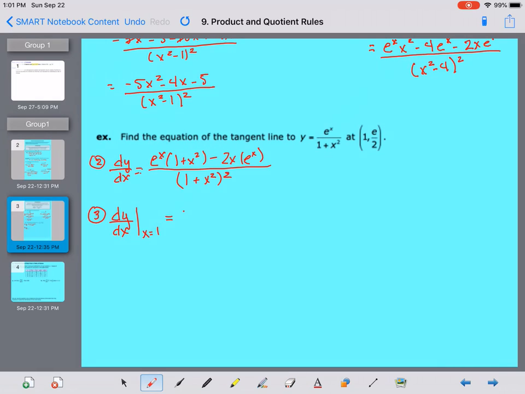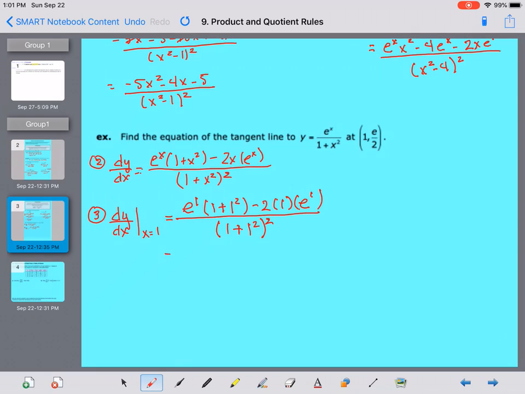So I'm just going to plug in. So we get e to the first times 1 plus 1 squared minus 2 times 1 times e to the first. And then of course 1 plus 1 squared, sorry, that's a plus squared.